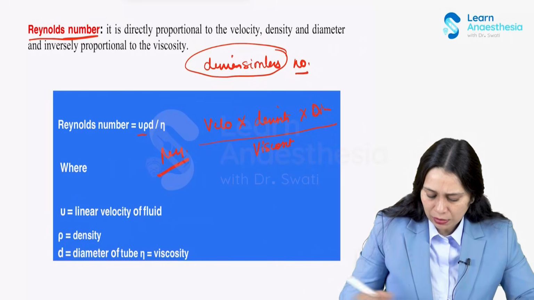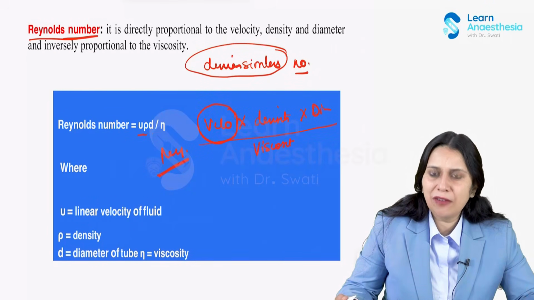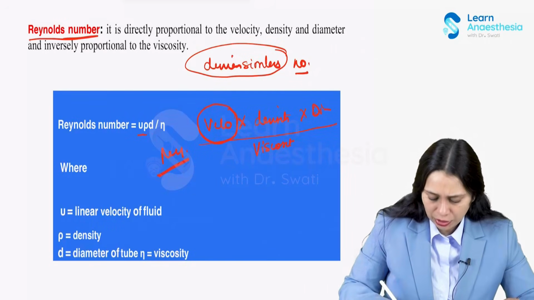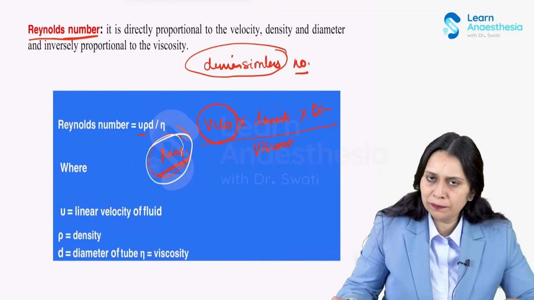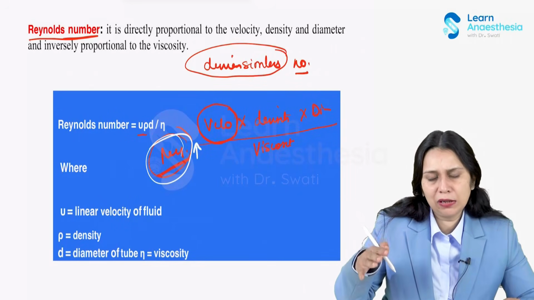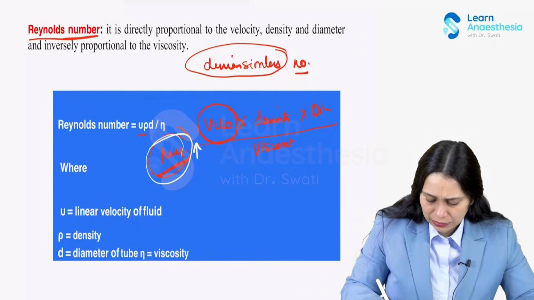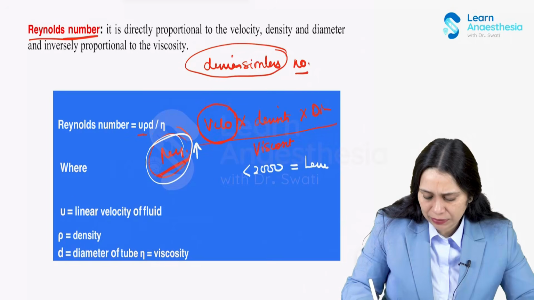Now guys, if the velocity of the flow of the gas is higher, if we are giving very high flow, the Reynolds number will increase. The higher the Reynolds number, the flow would turn from laminar to turbulent. So if the Reynolds number is less than 2000, the flow is always laminar.